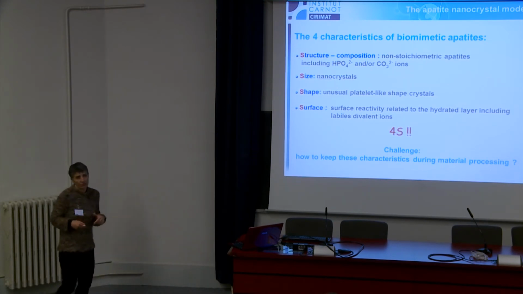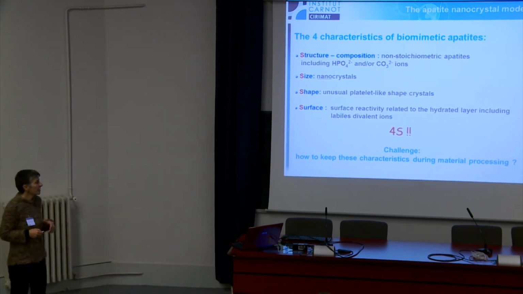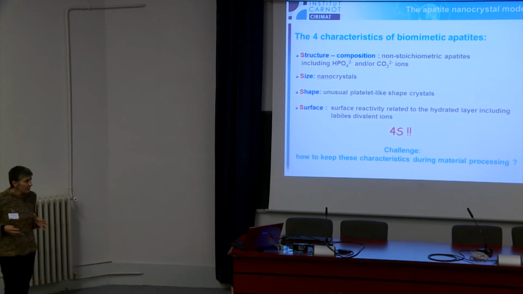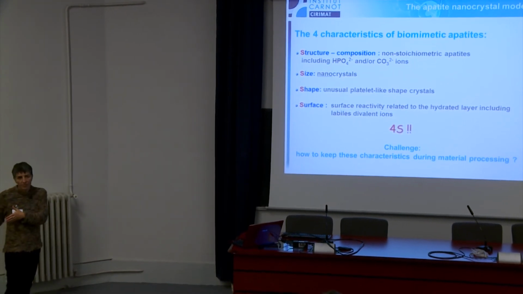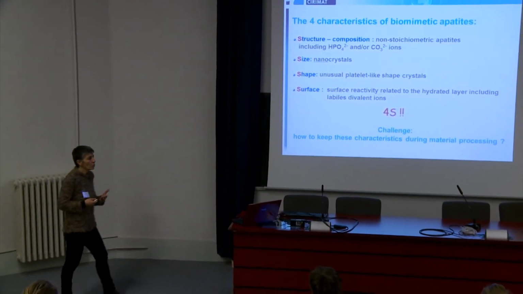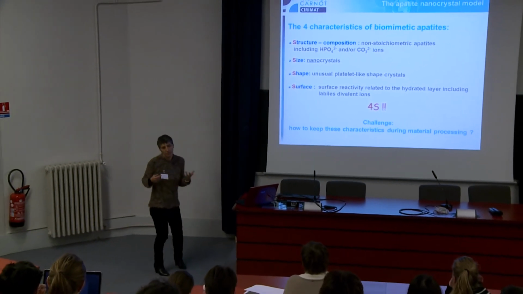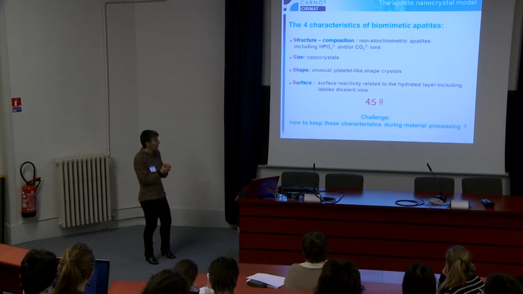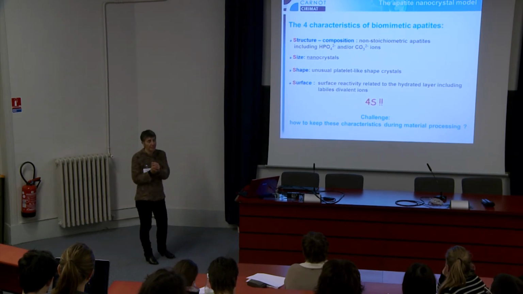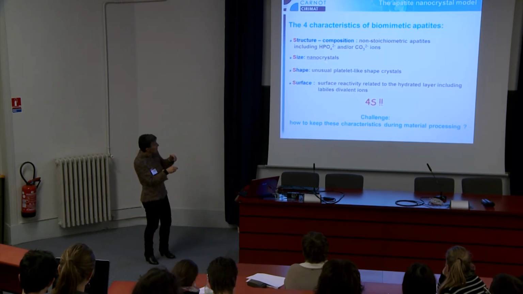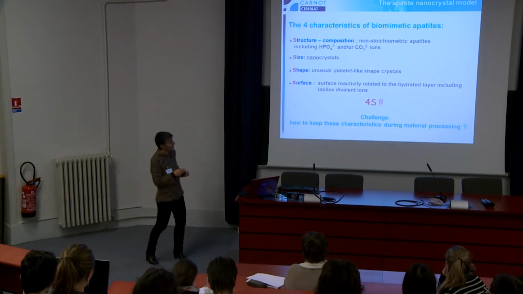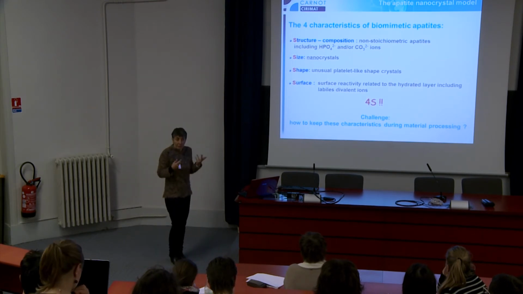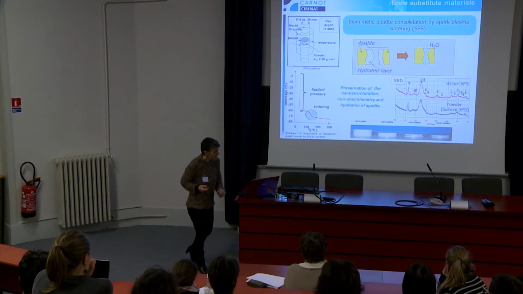So the challenge for a material scientist is how to keep these characteristics during material processing. Because if we want bioactive bone substitute materials, it's important to keep the surface characteristics, but also the shape and the nano size of this apatite during processing.